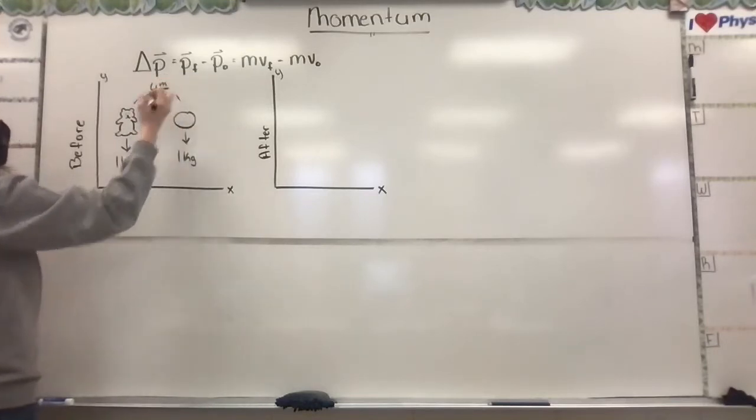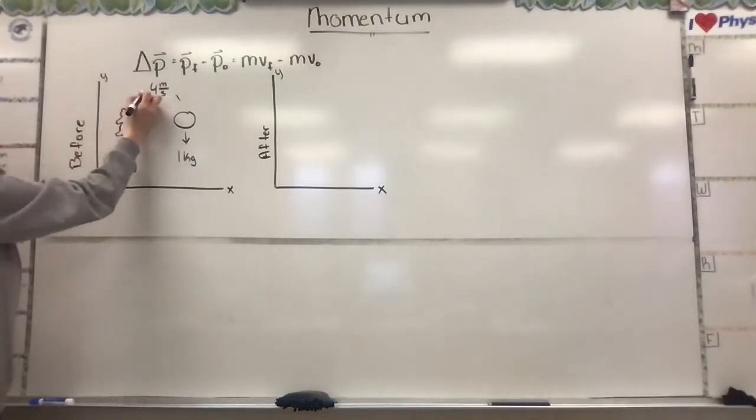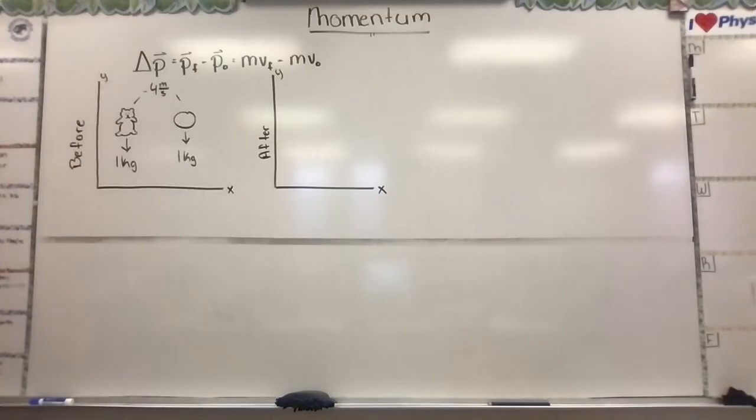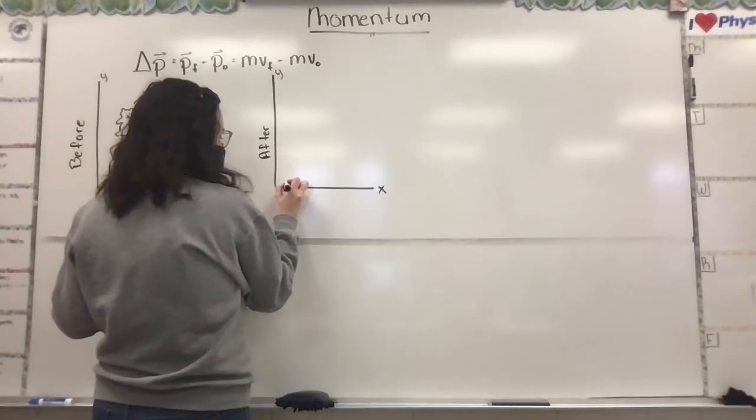If it's a velocity, should it be positive or negative? Negative, because it's falling down. What do we think is going to happen to the Beanie Baby when it hits the ground? He's going to hit the ground and stay there.